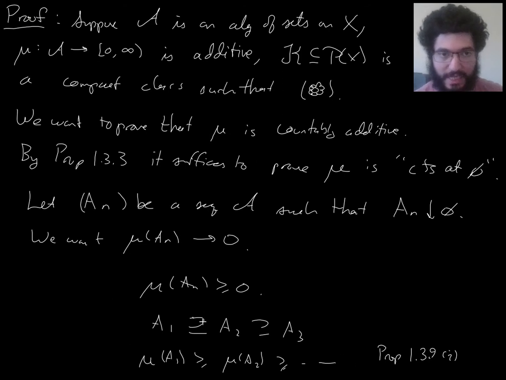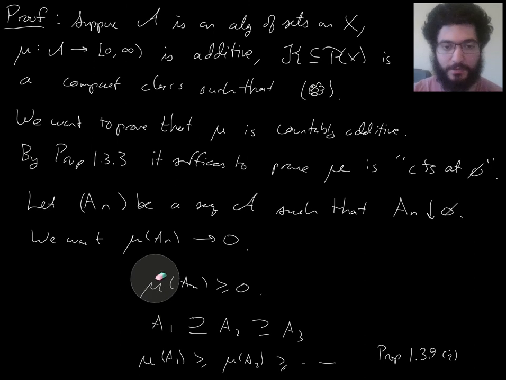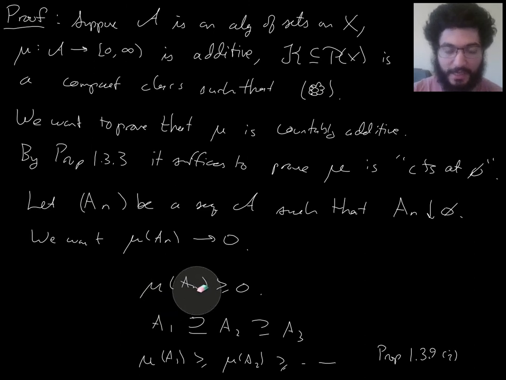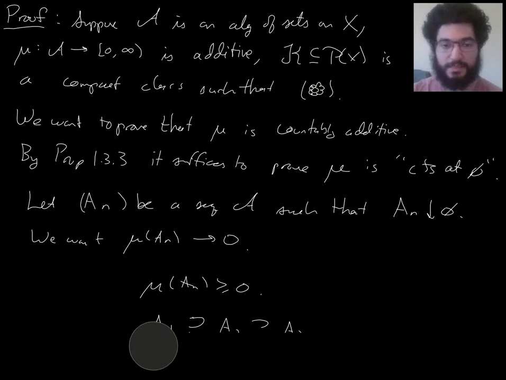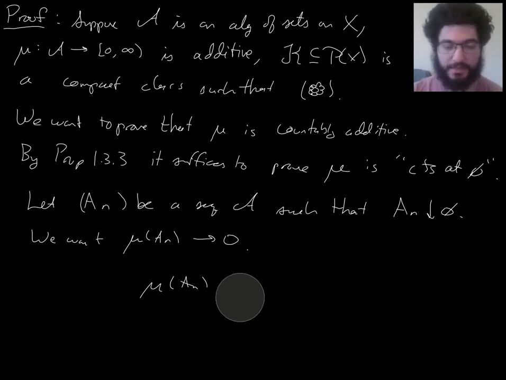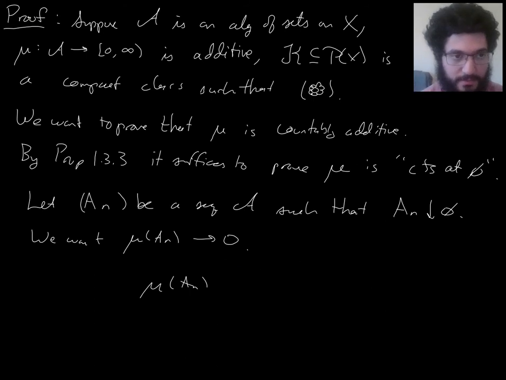So the non-negativity and the additivity of mu was needed for that. Okay, so thanks to non-negativity and additivity of mu, mu of AN is a non-negative decreasing sequence. Not necessarily strictly decreasing, but decreasing.